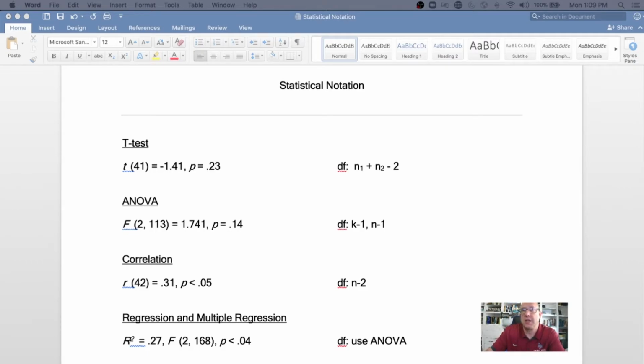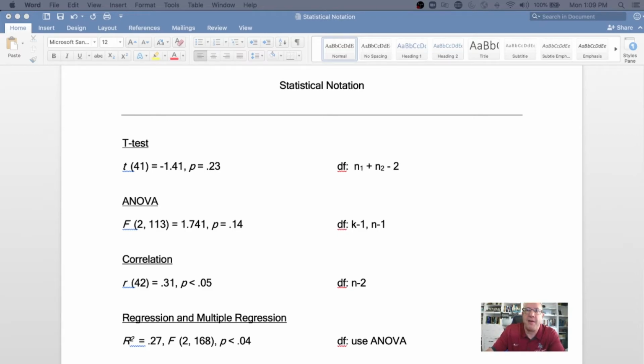So let's take a look at these. Here, degrees of freedom, you have sample 1 plus sample 2, minus 2. So you have the 2 samples, or basically the entire study sample, minus 2. And that's what goes in the parentheses. The parentheses is the degrees of freedom.